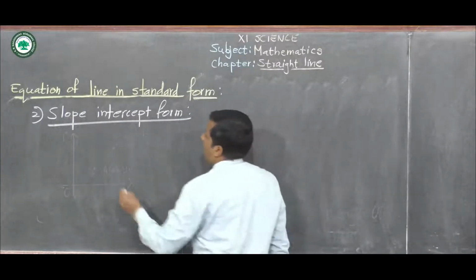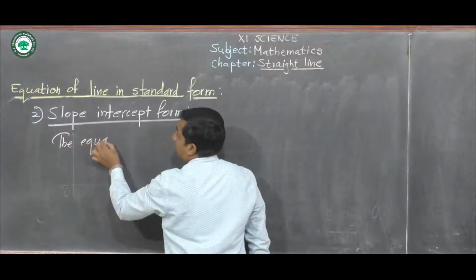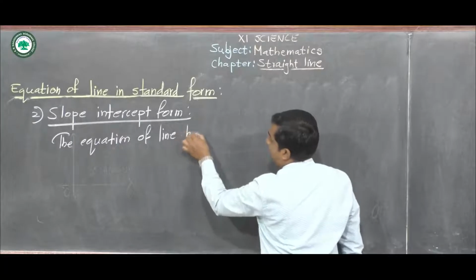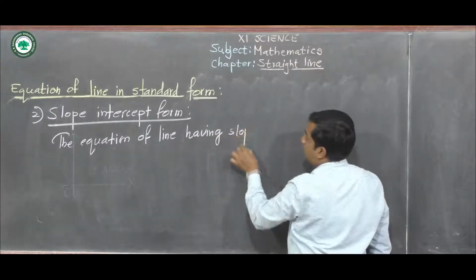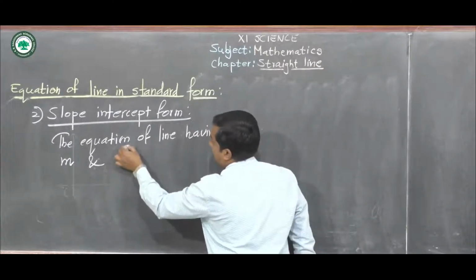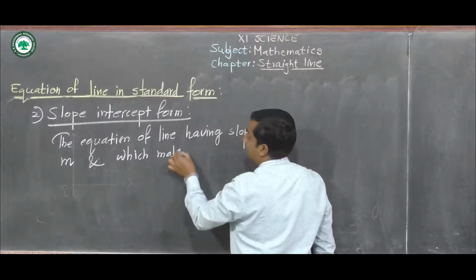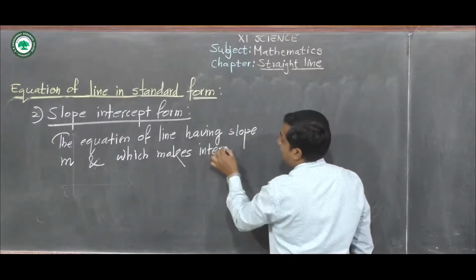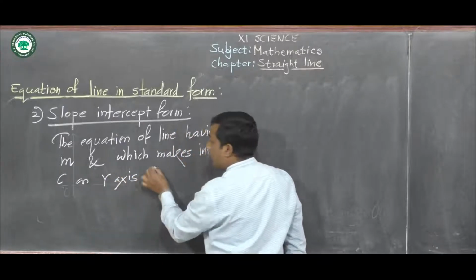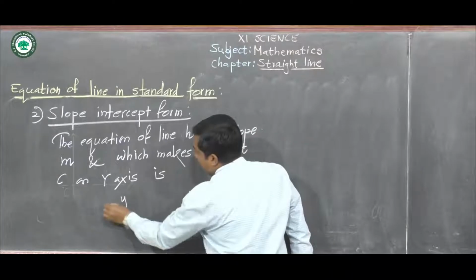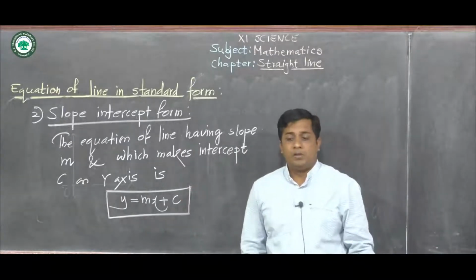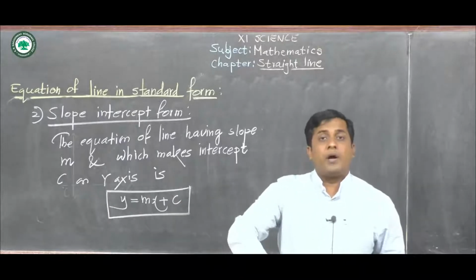So the equation of line having slope m, and which makes intercept c on y-axis is, the form is y is equal to mx plus c.